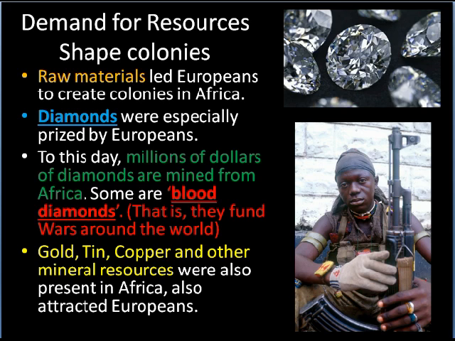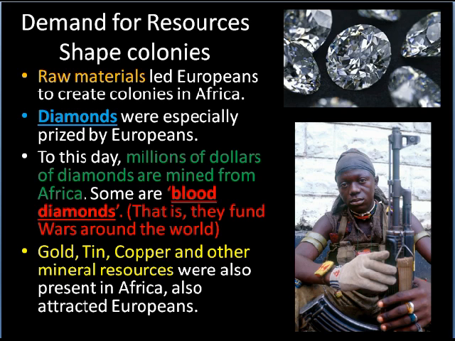You do have markets and you do have the pull of labor, but the main thing is raw materials. One of the main things that Europeans found, we've already mentioned this, in the 1860s and 80s, things like gold and diamonds are discovered in Africa, and so this becomes a really big draw for Europeans, diamonds especially.